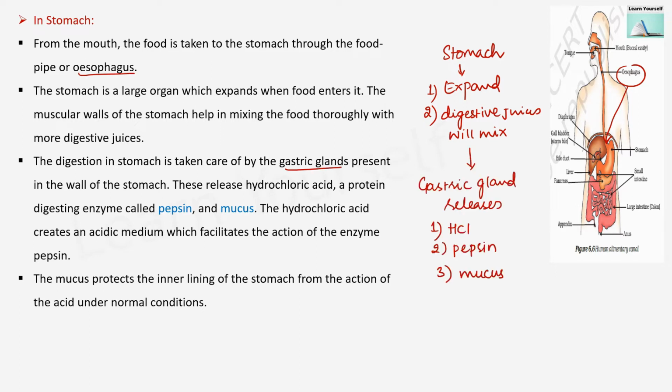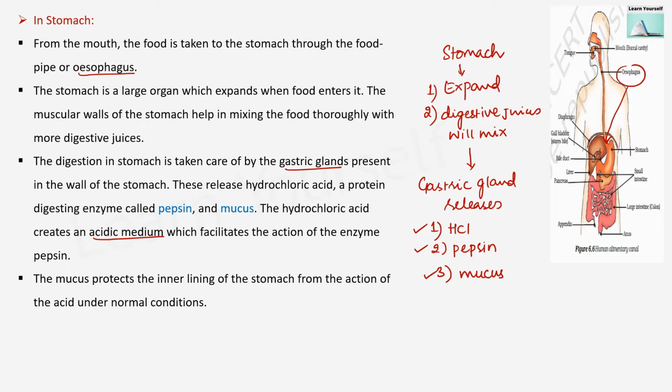Now once the food comes to the stomach, the gastric gland present in the stomach will release three substances. First, hydrochloric acid, second, pepsin, and third one is mucus. Now we have to see the function of all the three. So hydrochloric acid creates an acidic medium which facilitates the action of enzyme pepsin.